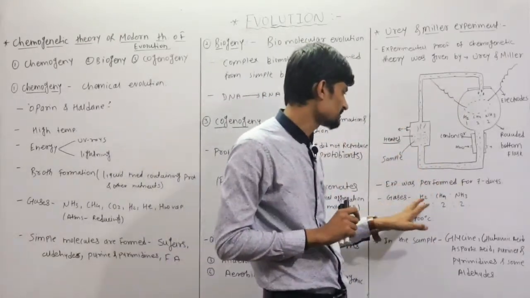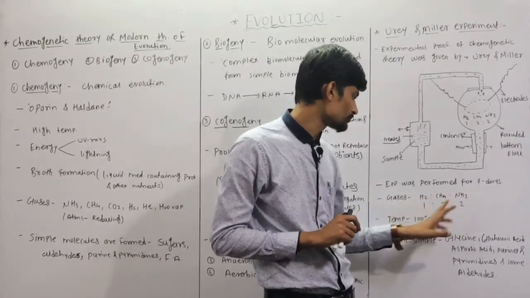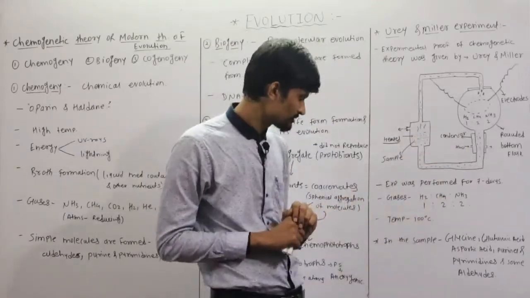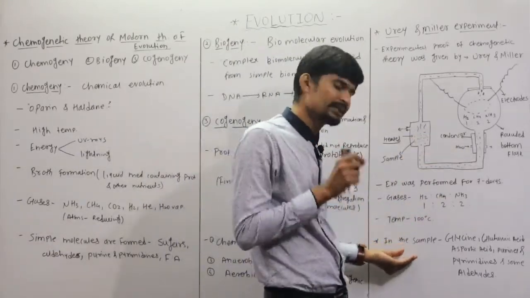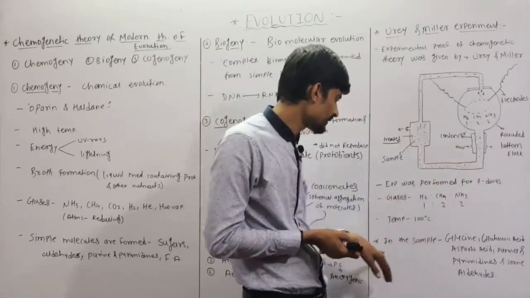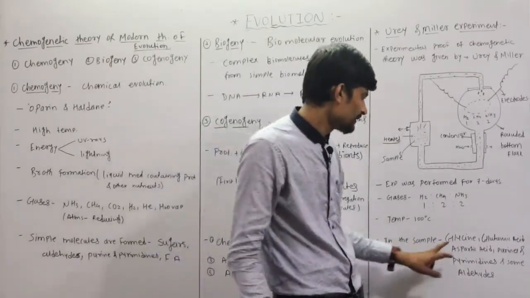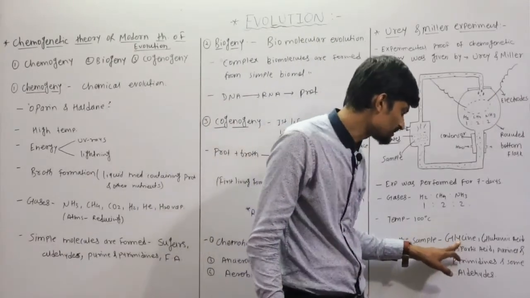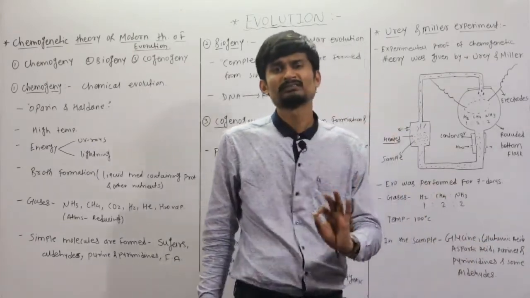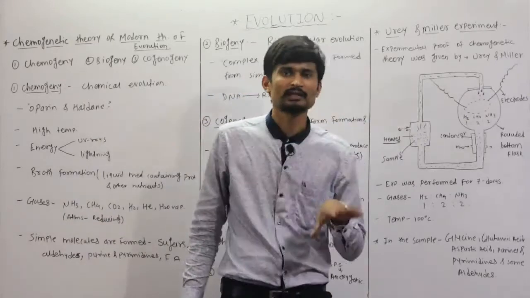They took the gases hydrogen, methane and ammonia in the proportion of 1:2:2, and the temperature in the flask was 100 degrees Celsius. They collected the samples every day, and they observed that in the sample they obtained glycine, glutamic acid and aspartic acid. Now, you know that these are amino acids.